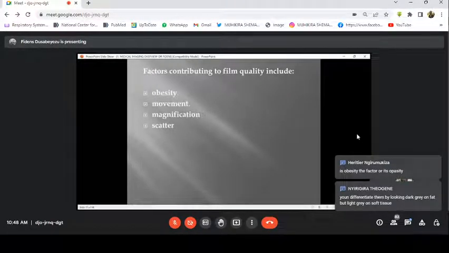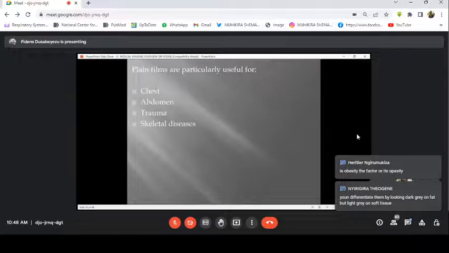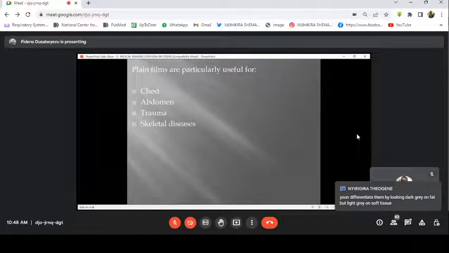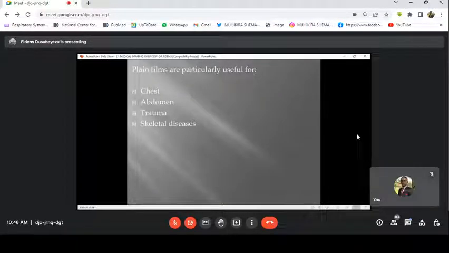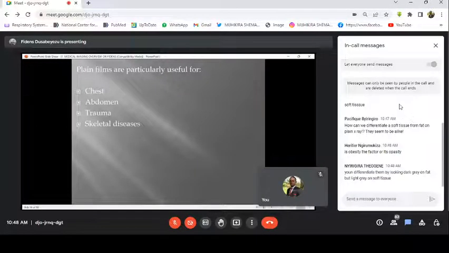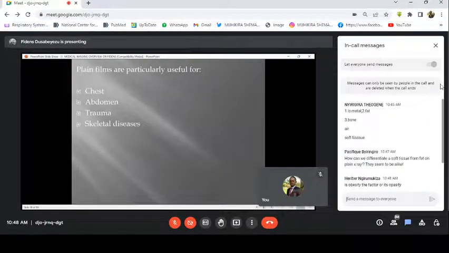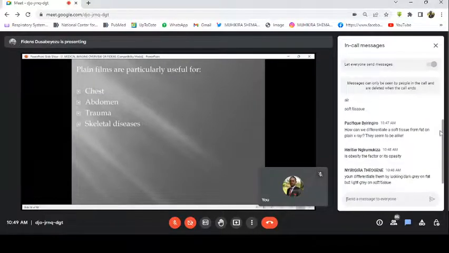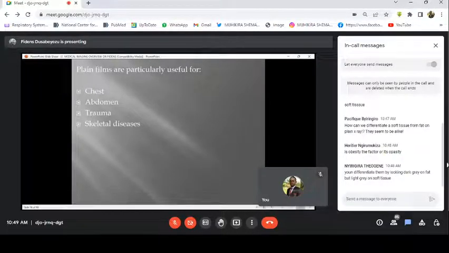Good. So, plain film or conventional X-rays. On scatter: scatter is when the X-ray beam, by reaching the body of the patient, changes orientation. They are deviated from the origin of the X-ray beam.